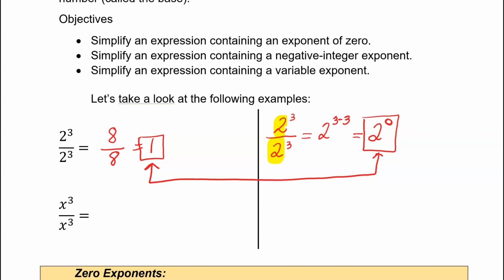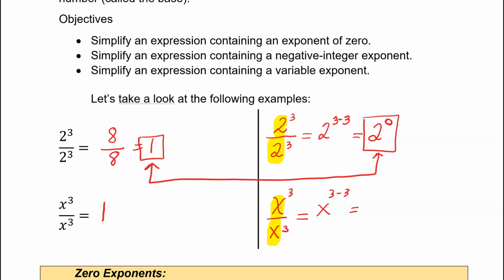Let's look at x to the third over x to the third. Again, anything divided by itself equals 1, so we know that this equals 1. But if you look at it as x to the third over x to the third, we have the same base again. So this is the same exact situation as before. We subtract the exponents again. 3 minus 3.